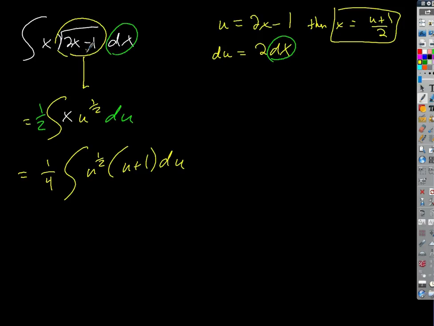The whole point of the u substitution is so we can do the antiderivative more easily. Are we gonna have to expand it? Yeah, well, we could just distribute, couldn't we, right? If I distribute the u to the 1/2 here, what do I get? u to the 3/2 plus u to the 1/2, good. And that we can solve.